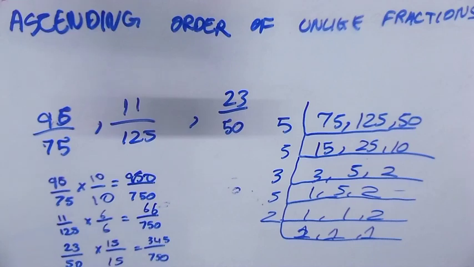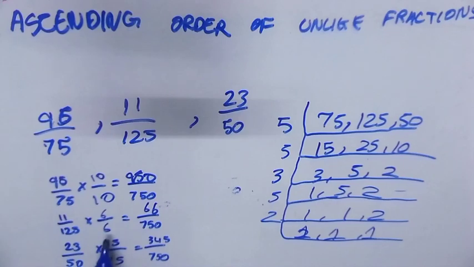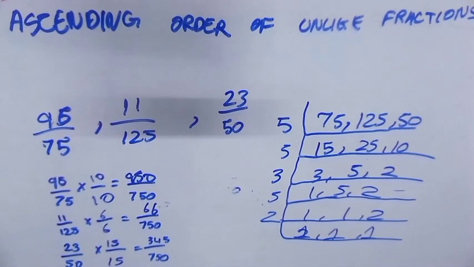by 750. Then we have the second fraction 11 by 125. So I write it here, I mark a multiplication symbol, again a fractional line, and then equal to, and a fractional line, and the denominator is 750 here, which is the LCM. So 125 into what equals to 750? You will get it as 6. So how to find these 10 and 6 and so on?